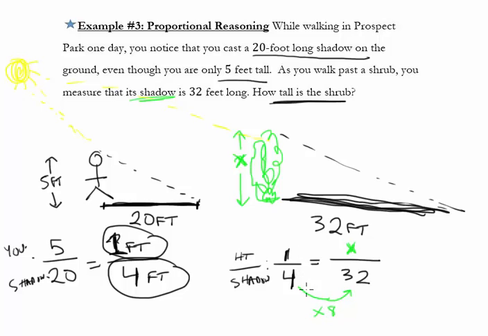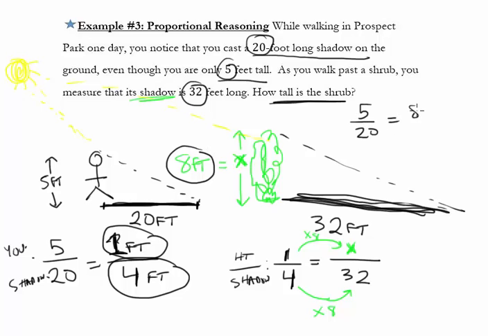If the shadow's getting 8 times bigger, the height has got to be getting 8 times bigger as well. So our answer is that x is 8 feet. We can capture these 4 numbers: we had a 20 and a 5 and a 32, and our answer was 8. That's a proportion, right? We could say that 5 over 20 equals 8 over 32. And in fact, they both equal 1/4.